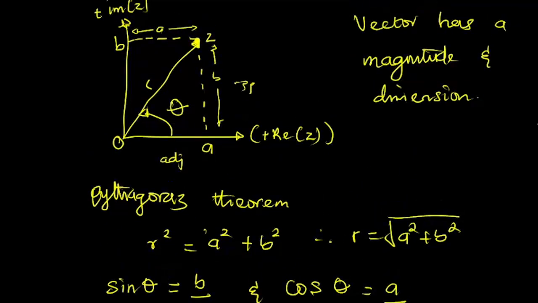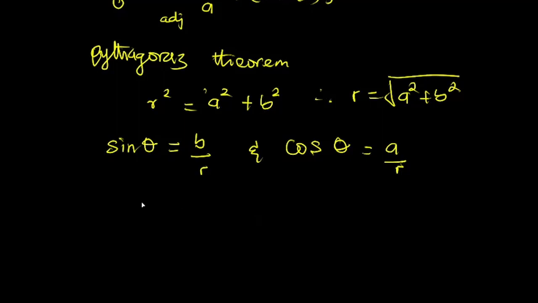If you've done vectors, actually this will not be confusing for you. So we have expressed B and A as sine and cosine of theta. I can say my B is equal to R sine theta when I cross multiply, and my A is equal to R cos theta.